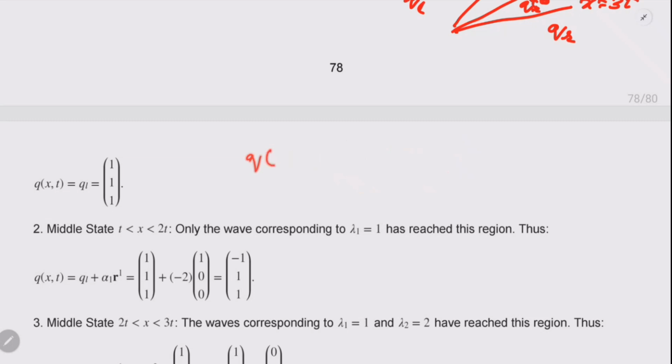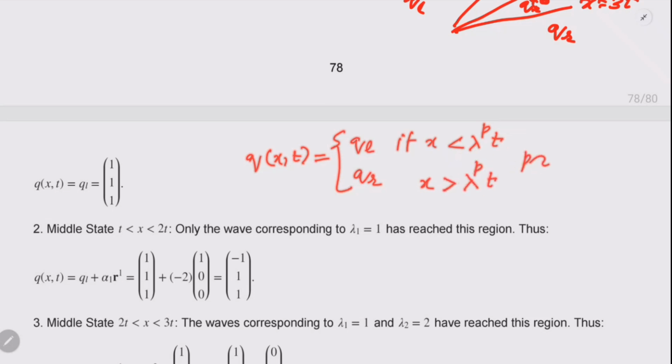When we have a solution Q(x,t), it will be equal to Q left or Q right depending on whether x is less than or greater than lambda p t. p can be 1, 2, and 3.